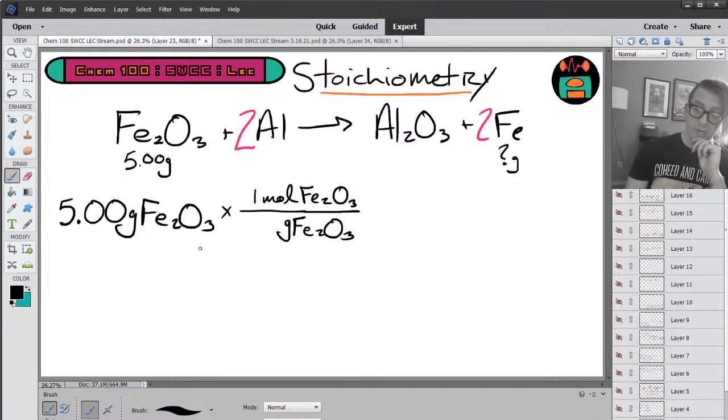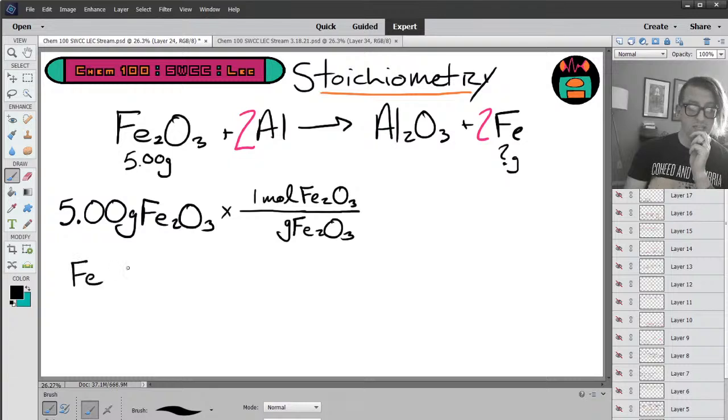To do that, we need to calculate a molecular mass. I'm pulling up a periodic table here. There we go. So we have to calculate this molecular weight.